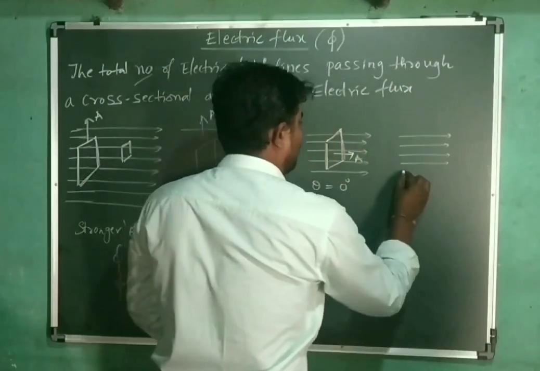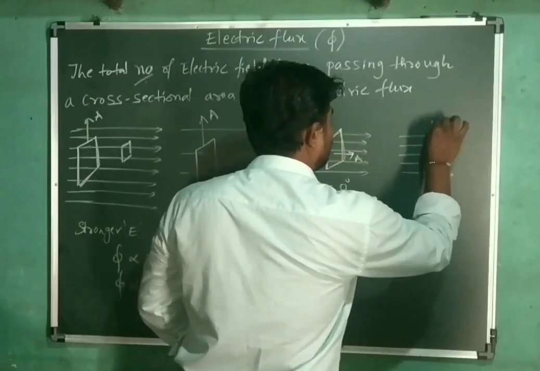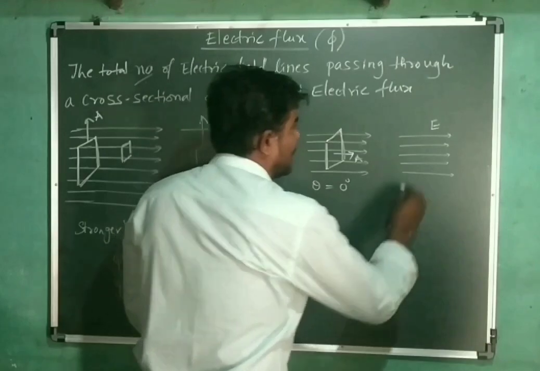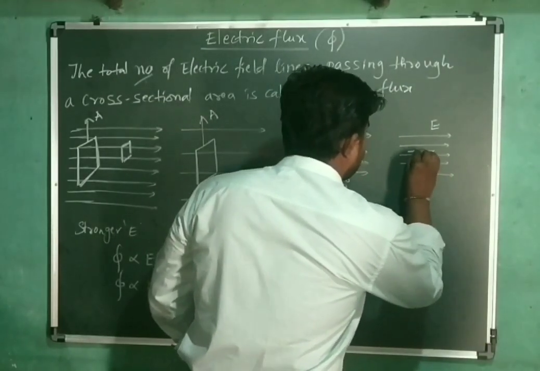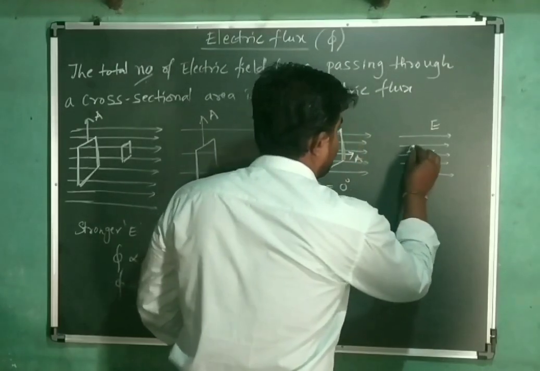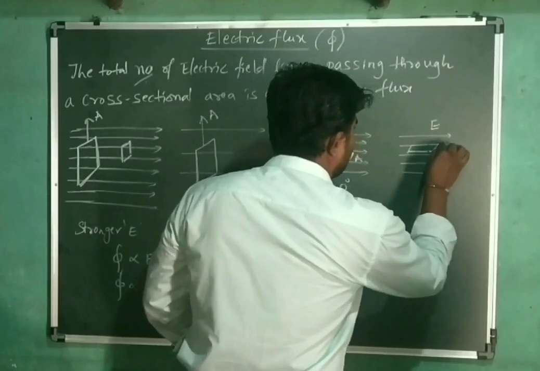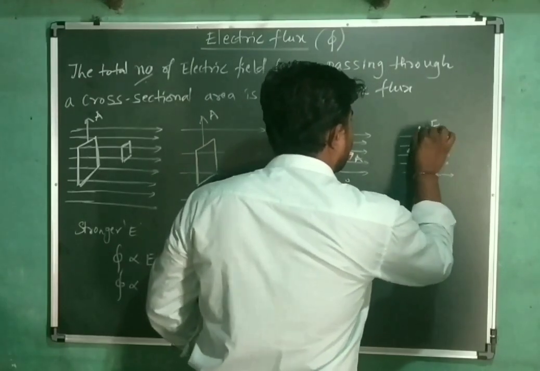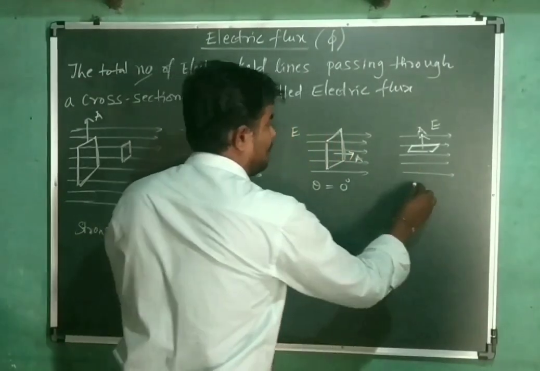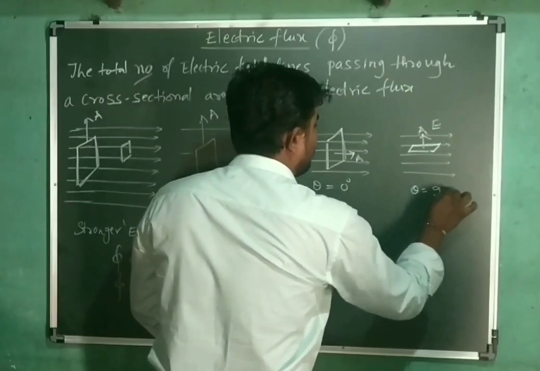And one more case. These are electric field lines. This is the direction of electric field, and I will place area this way. This is area and this is area vector. How much is the angle? Theta is equal to 90 degree.